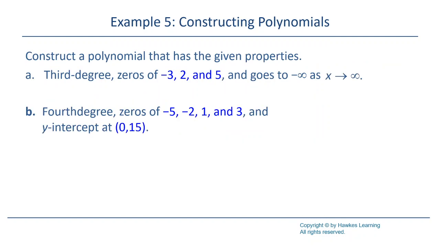All right, so finally, example 5, construct polynomials. So I need a third degree polynomial with the given zeros, negative 3, 2, and 5, and it also has to have the property that as x goes to infinity, the function is going to negative infinity.